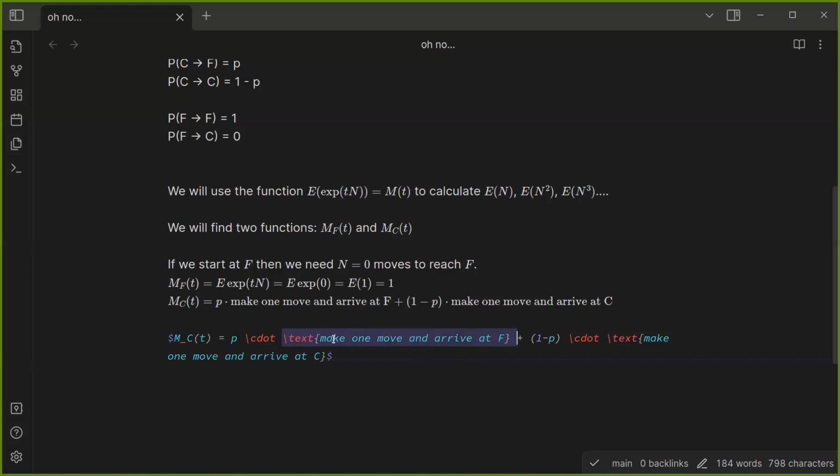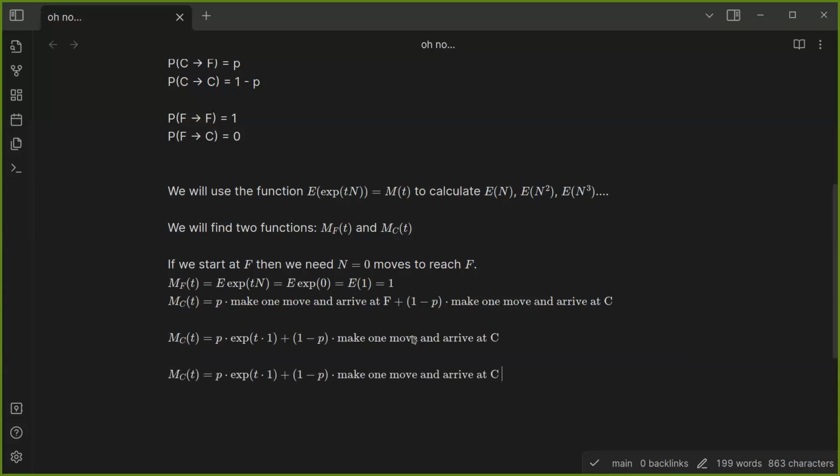If N is equal to 1, then our exponent of NT is equal to T times 1. With probability P, we arrive at the final node, N is equal to 1. If N is equal to 1, then exponent of TN is equal to exponent of T, and I have simplified the first expression. Now let's go to the second expression.